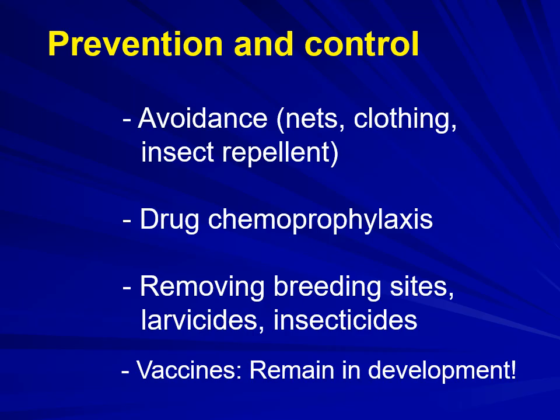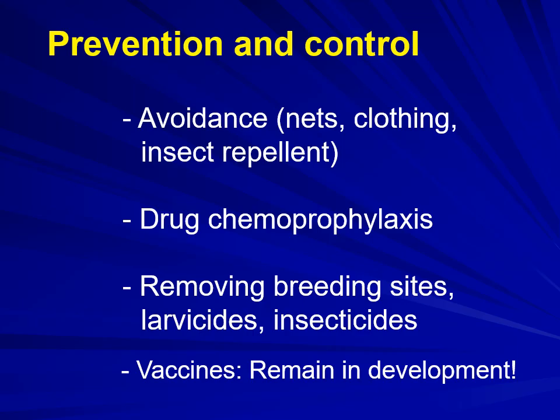Drug chemoprophylaxis: some of the drugs I mentioned can be taken for the prevention of malaria as you go into an endemic area, or as a traveler visiting tropical areas. Removing breeding sites, larvicides, and insecticides, which means that if you can decrease the population of the mosquitoes, that will be very helpful.